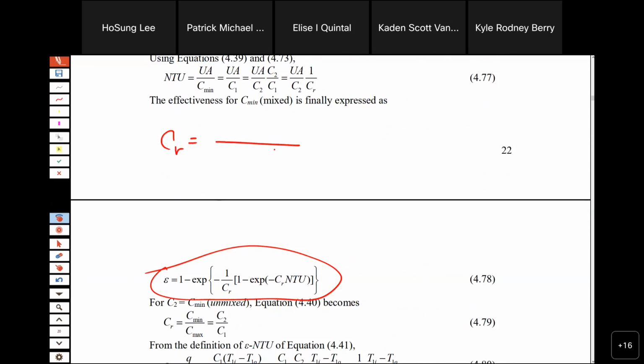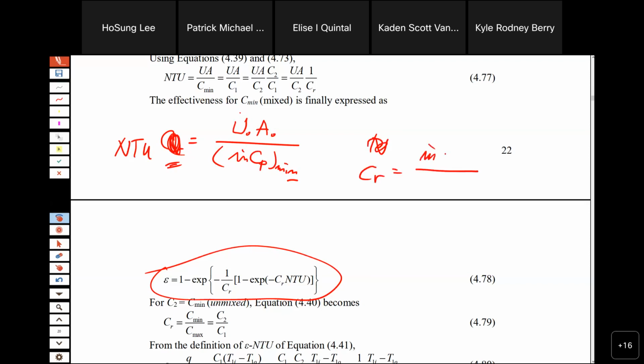What is the CR? Anyone? Do you remember? U is not it, and m dot Cp min means you have to compare two. So you have to compute the UA and m dot Cp min. No, I'm sorry, this is NTU. CR is just m dot Cp min over m dot Cp max.